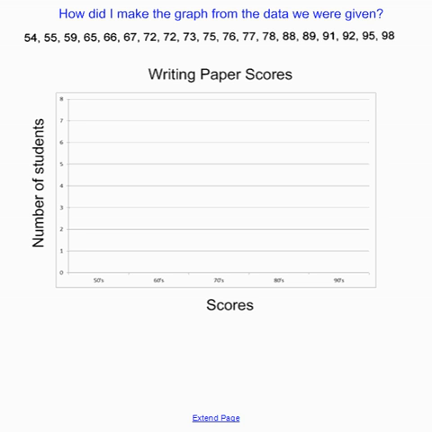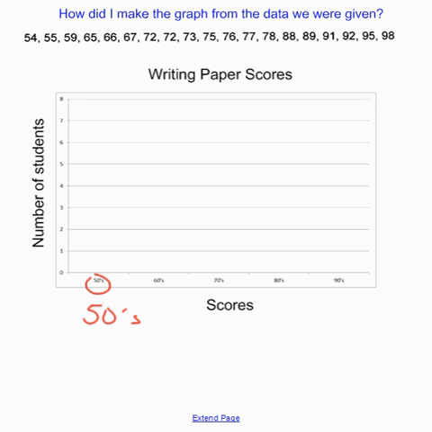So this last graph that we just looked at, how did I make that graph from the data we were given? So remember again, if this is hard for you to read, this says 50s down here, and on up 60s, 70s, 80s, 90s. So what I'm going to do is look for how many students.